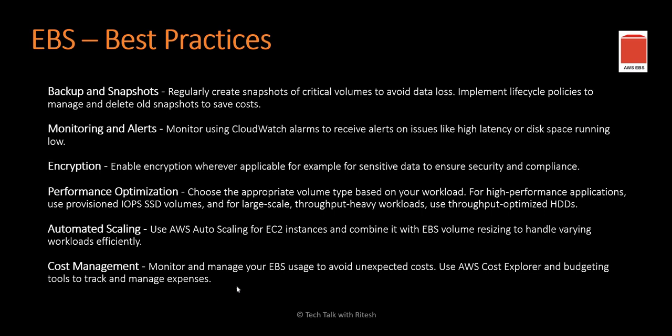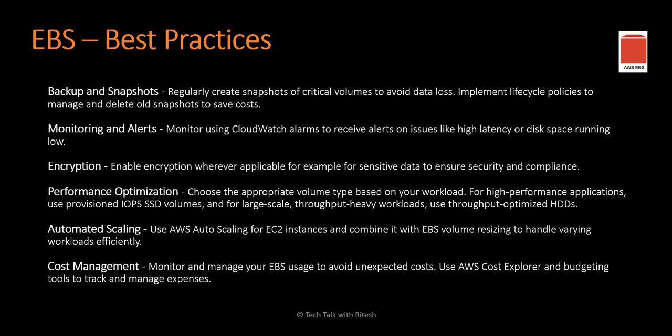Cost management. Monitor and manage your EBS usage to avoid unexpected cost. Use AWS Cost Explorer and budgeting tools to track and manage expenses. Budgets and Cost Explorer I am going to cover in the next videos, so don't worry about it. But yeah, these are the best practices we should follow. Backup, take the backup. Monitor, use AWS CloudWatch.